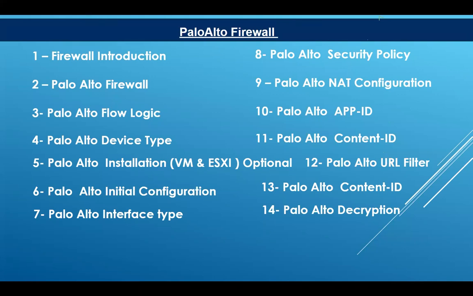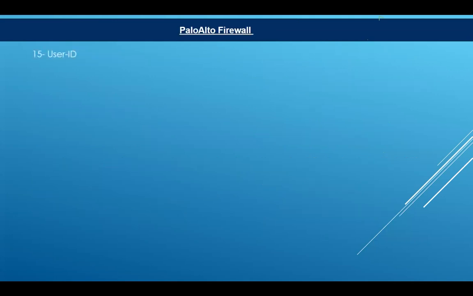We will learn this in section 14. User-ID: how to identify our user and how you can apply network access user-based. Suppose we have one participant here, John, and we want to give John access to only the DNS server. With his username, how can we restrict that access?